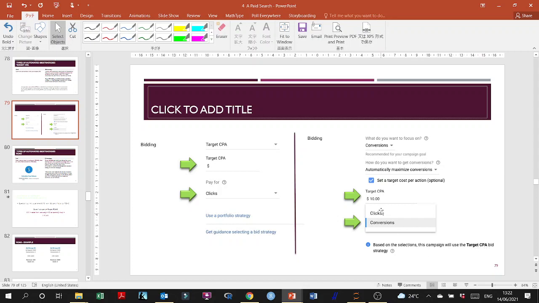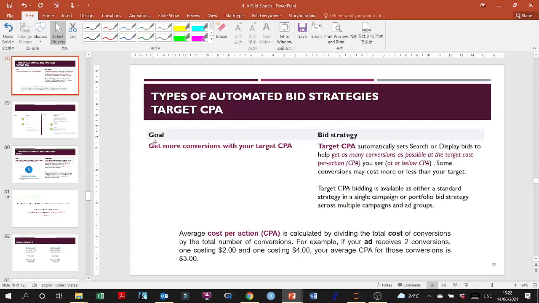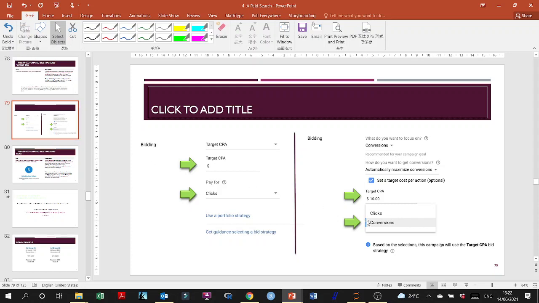So, depending on whether you're going to pay per click or per conversion, you're going to set up your target CPA. And this is what I'm trying to tell you: it's not very straightforward. In this example, this is an average cost per action, CPA, if you select conversions as the action you would like to pay for.